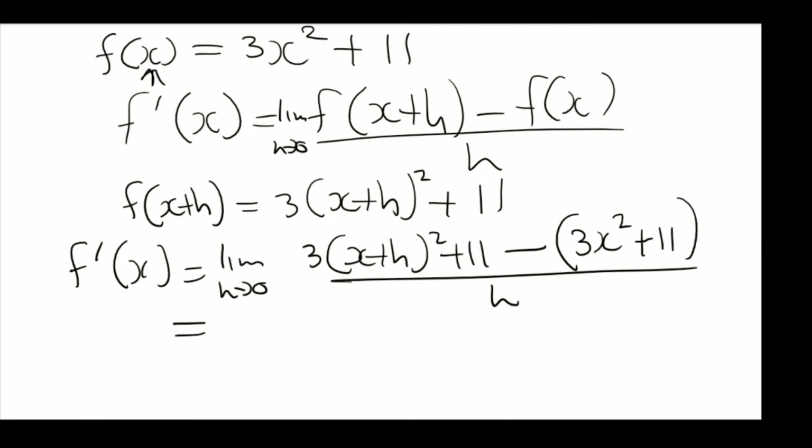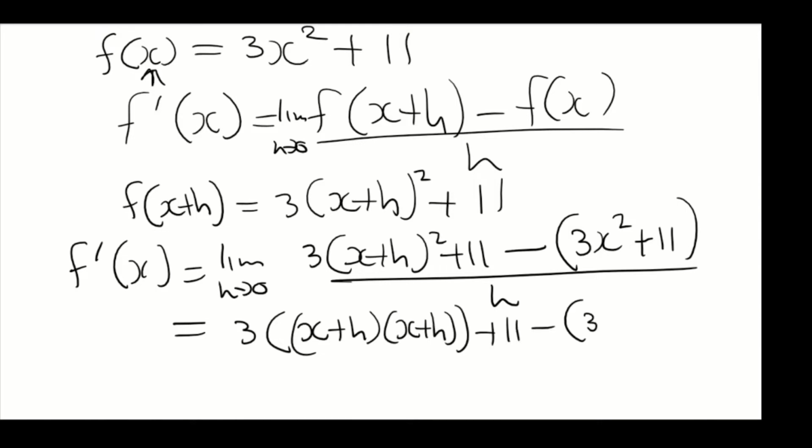So we're going to deal with what's inside. So it's going to be 3 into our x plus h, multiplying with our x plus h, plus 11 minus 3x squared plus 11, all over h. So that is the limit when h approaches 0.